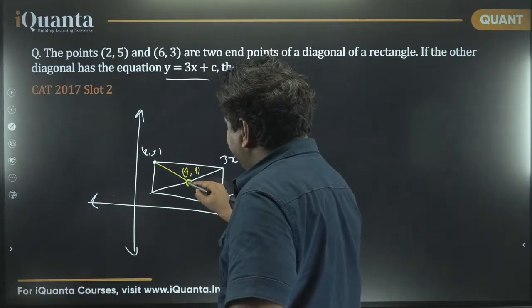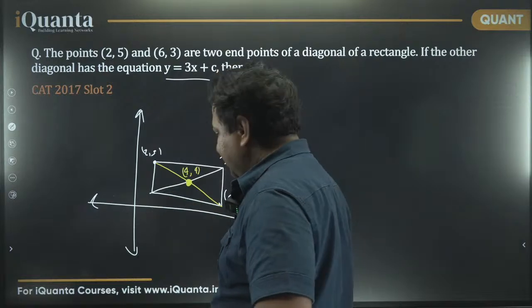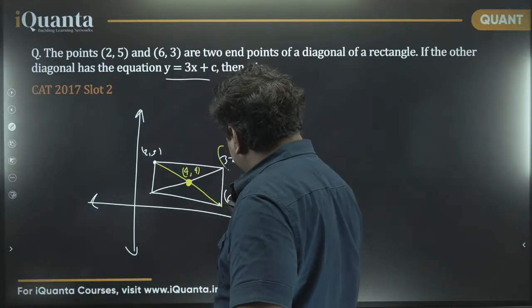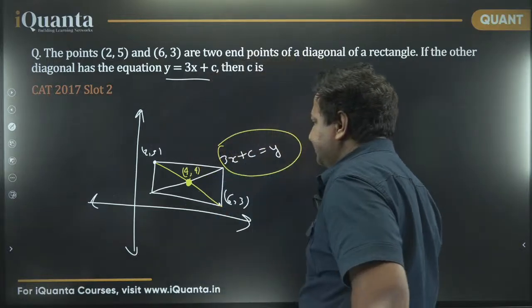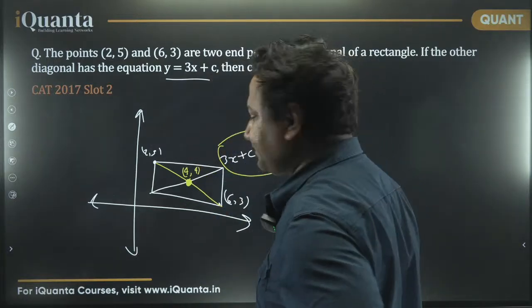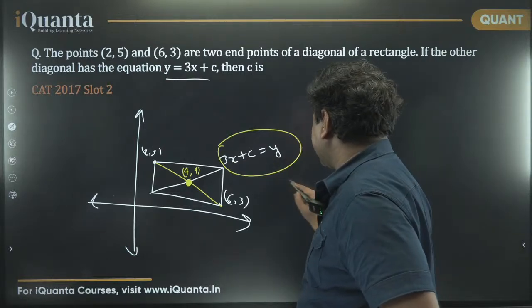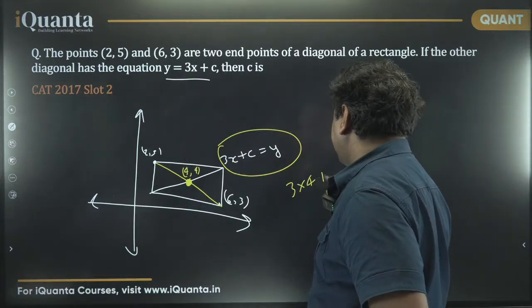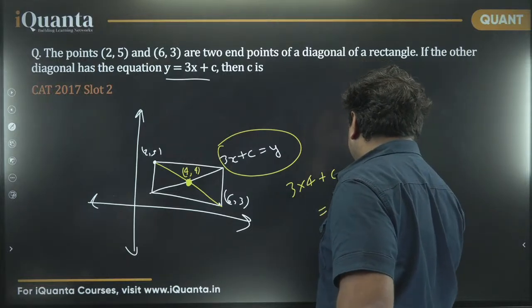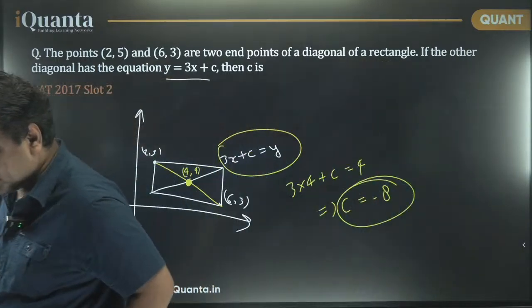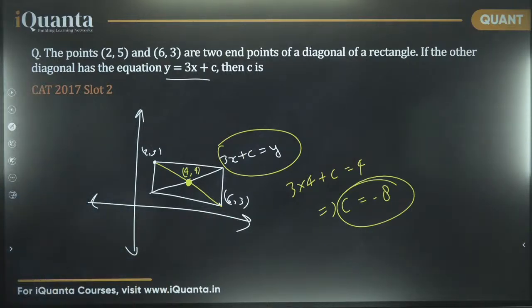And this point is lying on both the diagonals, isn't it? That means this point should satisfy this equation, where x is 4 and y is 4. Let's put it. X as 4: 3 into 4 plus c is equal to 4. So the value of c will be minus 8. Clear, everyone?